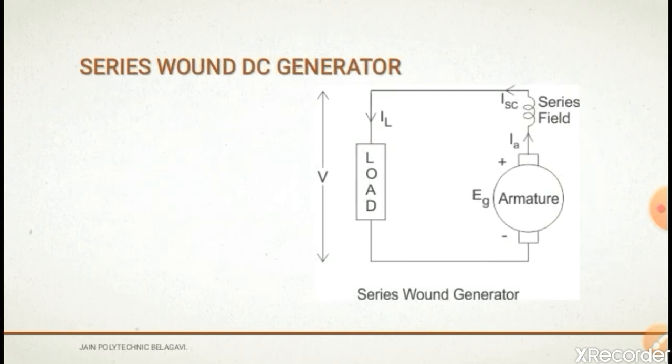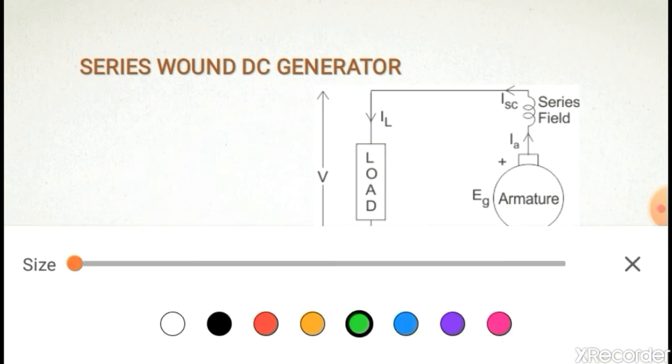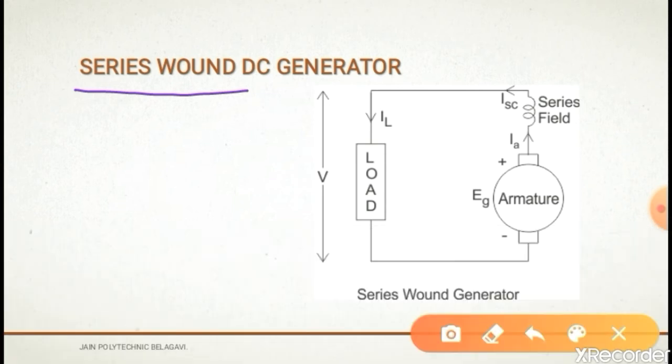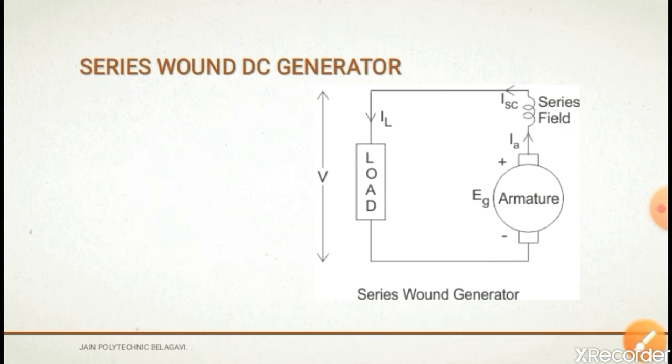Next, we'll see the series wound DC generator. The name itself indicates series wound DC generator. In this type of generator, the armature winding is connected in series with the field winding. So the current flowing through the armature winding is equal to the series field winding current, and it is equal to the load current.